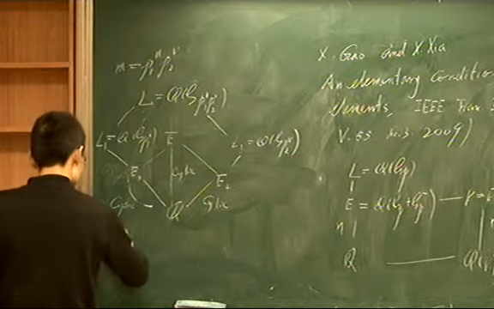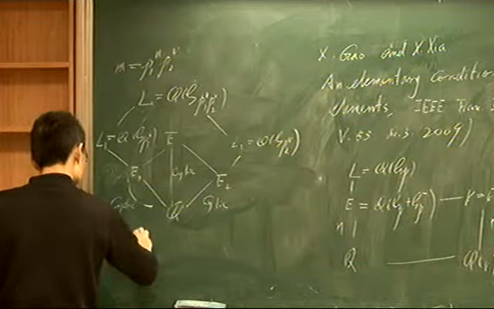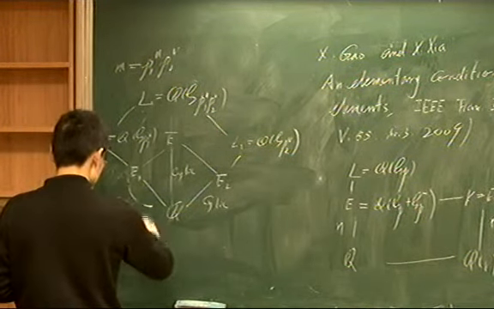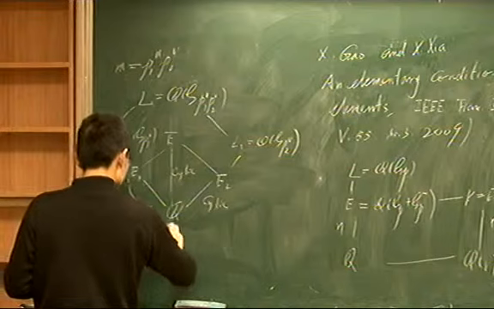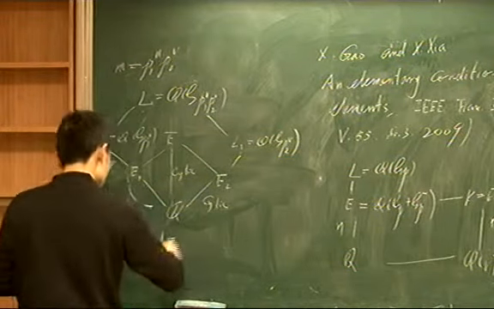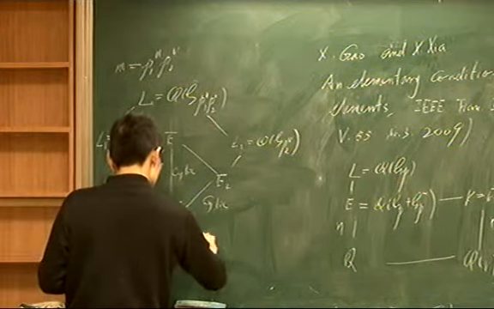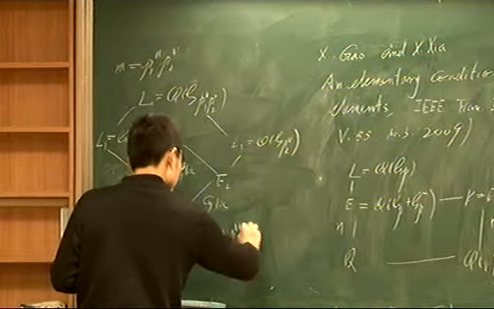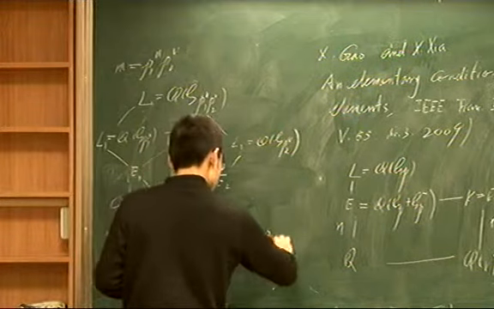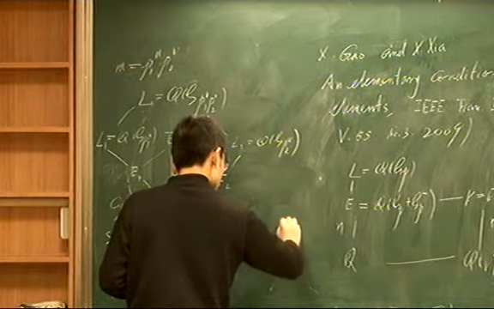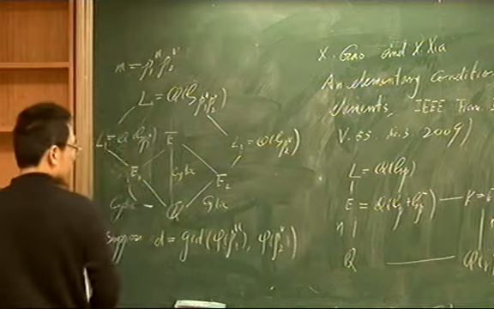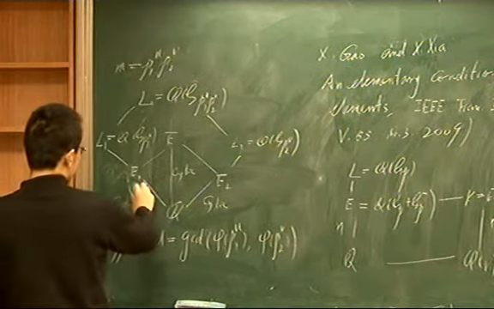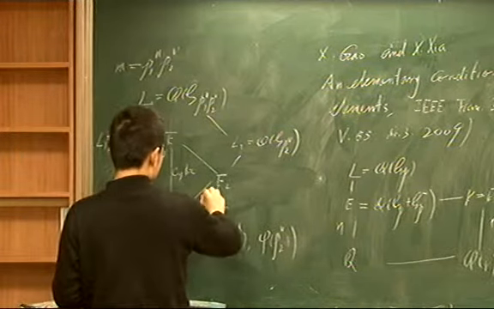Suppose D equals GCD of P1 U and P2 V. This cycle is N1, N2.